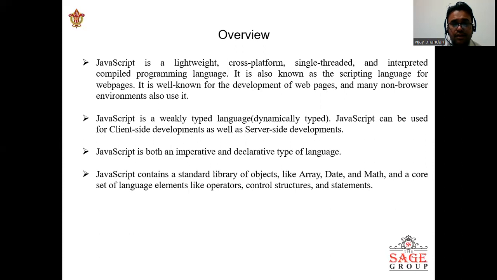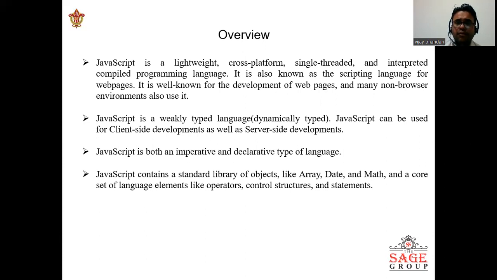JavaScript is a weakly typed, dynamically typed language, and it can be used for client-side development as well as server-side development. JavaScript is both an imperative and declarative type of language, and it contains a standard library of objects like array, date, math. So these are the basic things included in JavaScript.